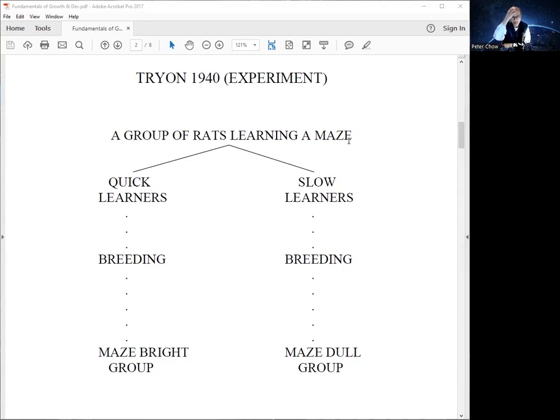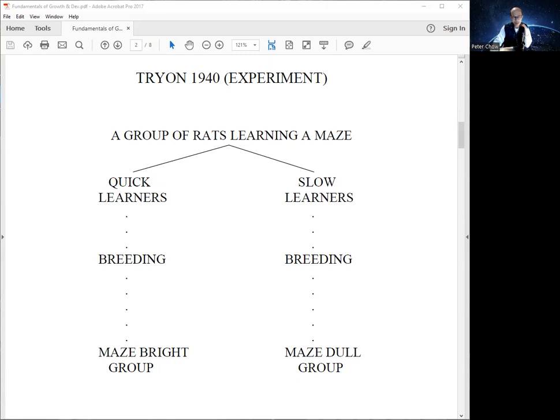A group of rats learning a maze were randomly assigned to two groups. One group was identified to be quick learners, another group slow learners. Two different groups.